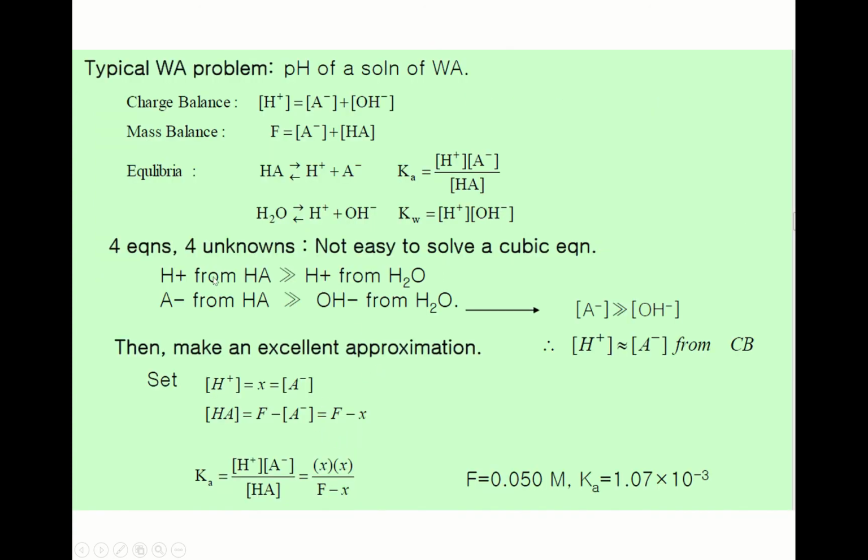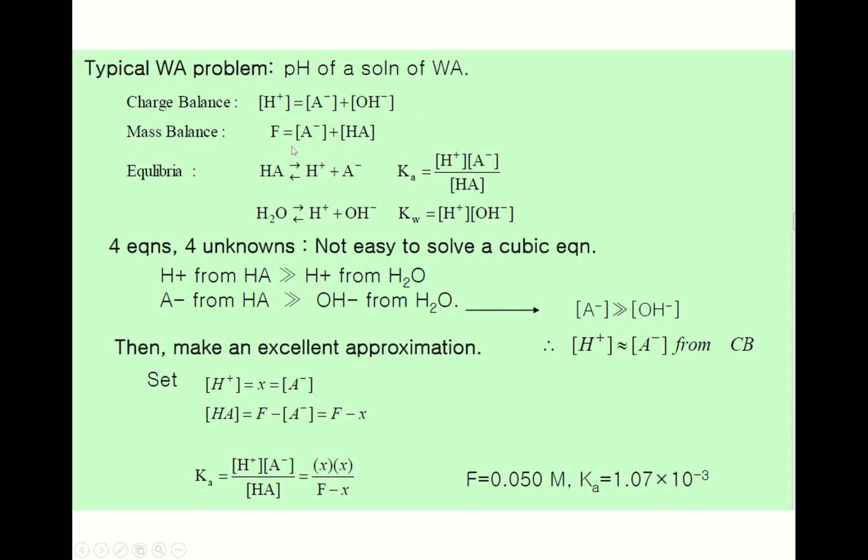Here are two typical weak acid problems. Let's consider the pH of a solution of a weak acid. In this case, you have to consider charge balance and mass balance. For HA, a weak acid, from charge balance, the sum of the positive charges equals the sum of the negative charges.